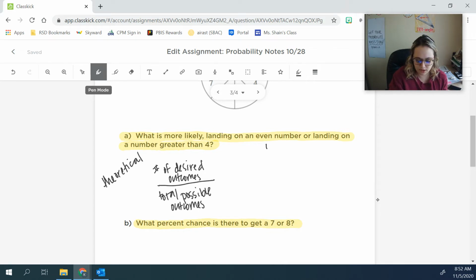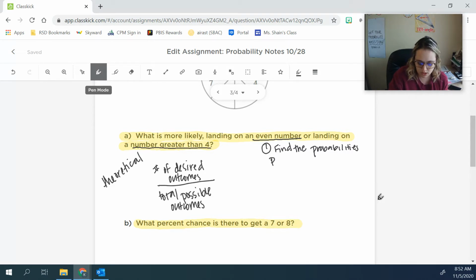So my first step, the question is asking me what is more likely, landing on an even number or landing on a number greater than 4. So first, I need to find those two probabilities. All right, I need to find the probability of landing on an even number and a number greater than 4.